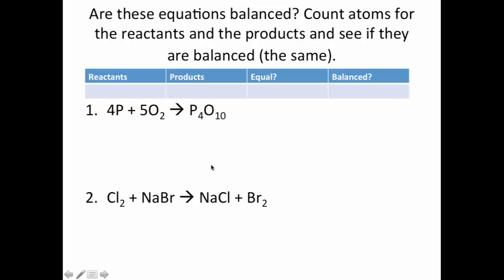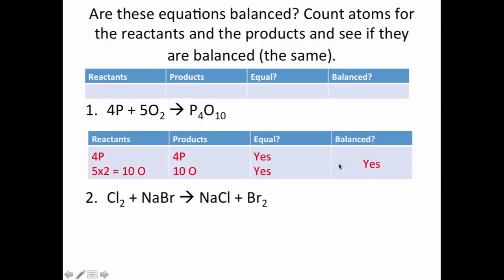Then the third step is count how many atoms you have. So I have 4 phosphorus going in and 10 oxygen going in, and 4 phosphorus coming out and 10 oxygen coming out, meaning that this equation is balanced. Okay, so go ahead and do that on the second equation and pause the video.